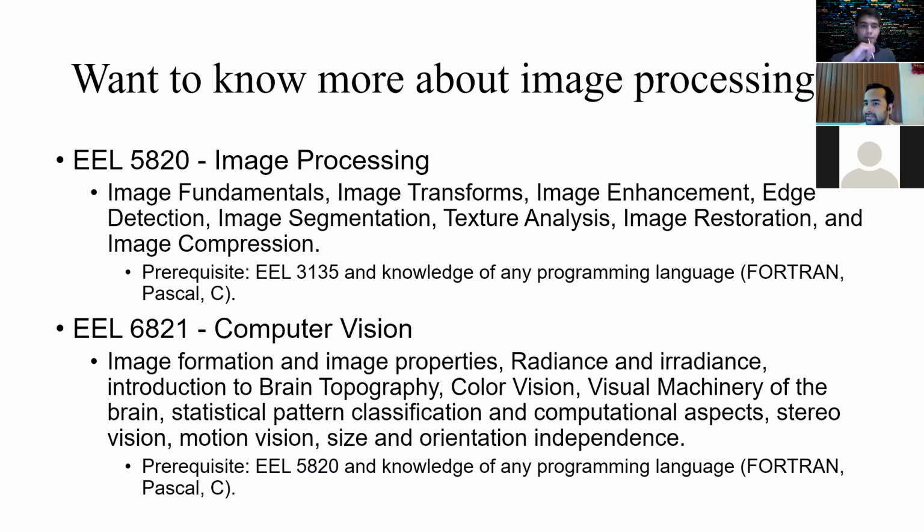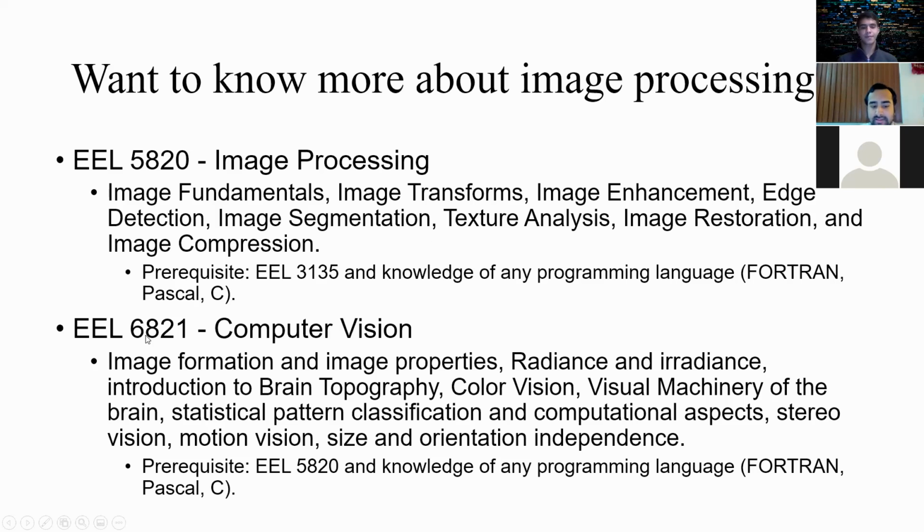How do you compress a very gigantic image to a very small size, but retain the quality of the image? And the only prerequisite is that you pretty much know a programming language to do all this in. Examples would be like Fortran, Pascal, C, Python, MATLAB. Any of them, you just need to know a programming language. So you can take this course. It's naturally a 5000 level course, meant for grad students, but you can take it as an undergrad as well.